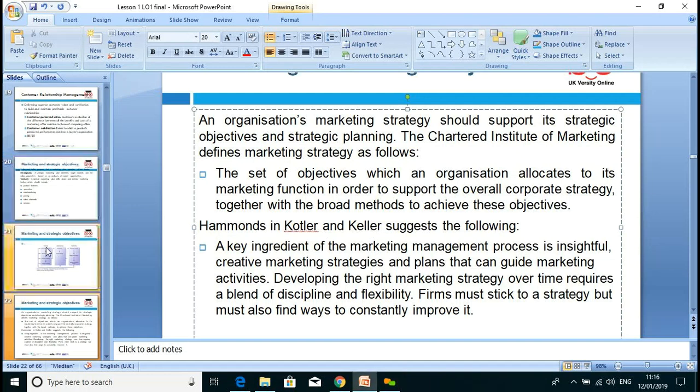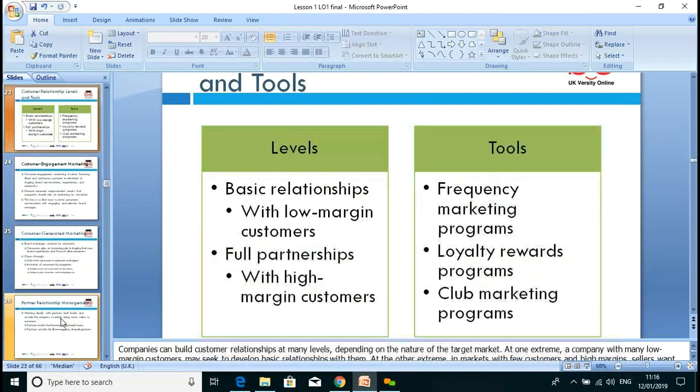So we need to be focused on the corporate objective. Any question? No. Okay, let's move to the next bit.